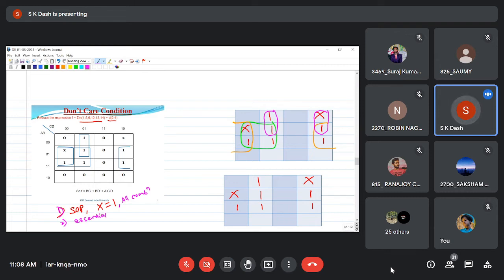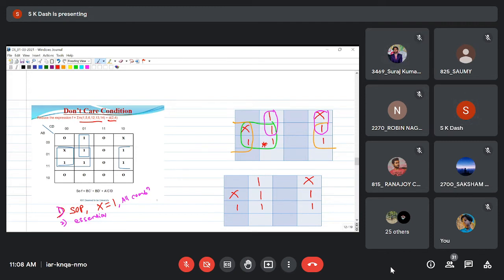Is that quad essential? First, that green color quad, is it essential? If yes, for which one? Yes, sir, it is essential, because of this one. This one can be covered only using this quad. There is no other possible way. So this quad is essential. Second quad, this brown color quad, is it essential?